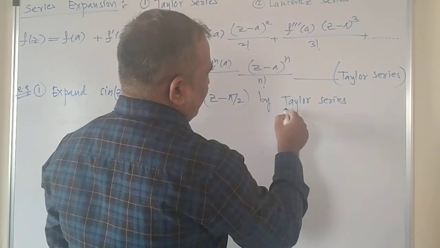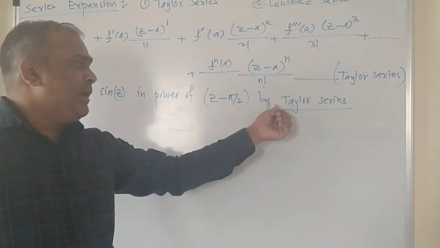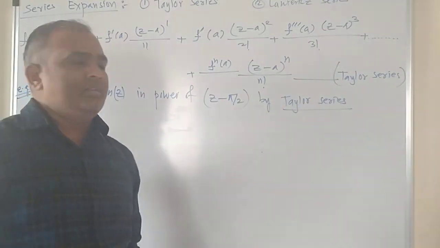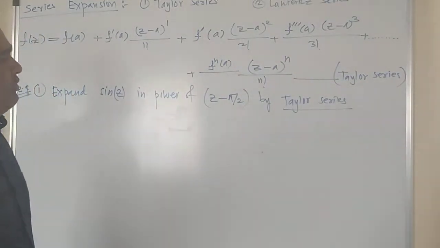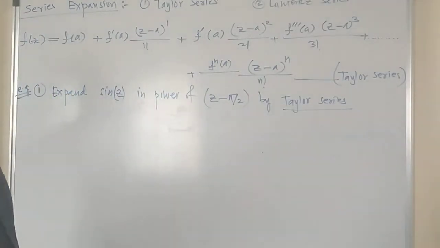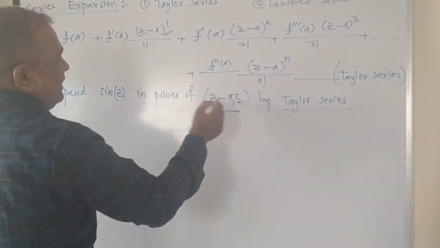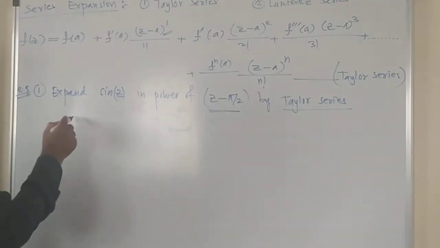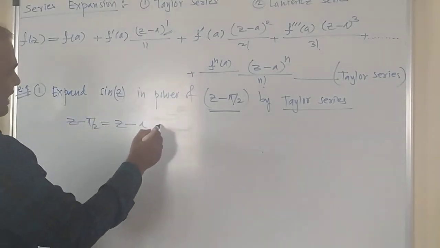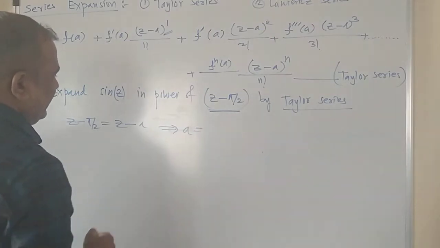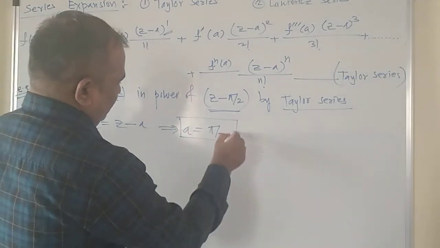In the given problem, it is mentioned to expand by Taylor series, so use the Taylor series to expand this. Now, before expanding this, you must compare this with z minus a, right? If you compare z minus pi by 2 with z minus a, then you can easily figure out that a has a value equal to pi by 2.